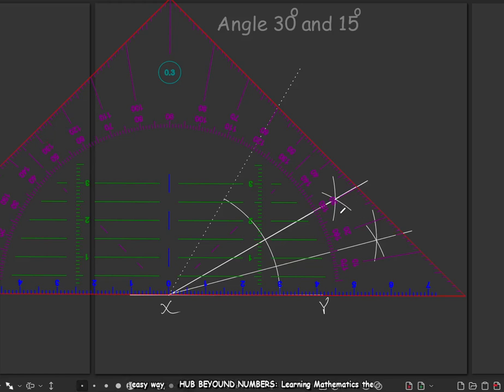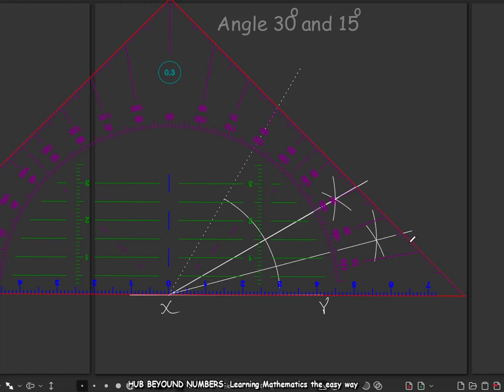Now, it is important to note that this first angle we drew, we said it was actually 30 degrees. But if you measure it from the other way, instead of 30, it becomes 180. You see? Sorry, it becomes 150. So the same way you construct 30, that is the same way you are going to construct 150.